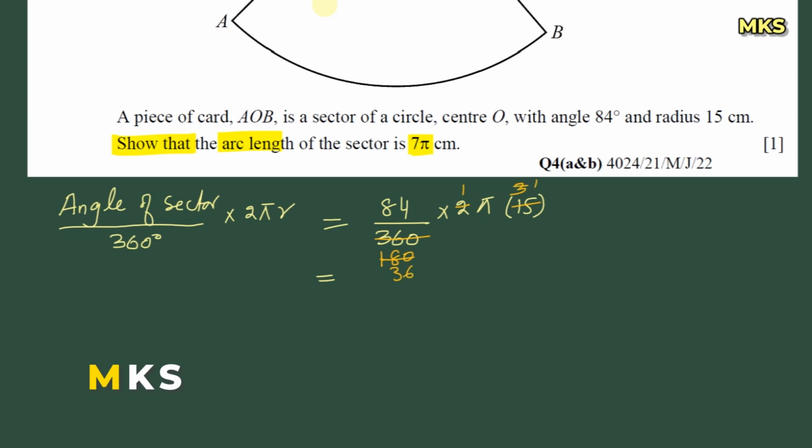This will become 12. 12 threes are 36, and 12 sevens are 84. That gives us 7 pi. Hence shown. The length of the arc of this sector is 7 pi.